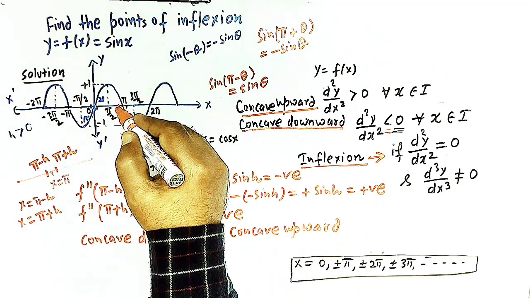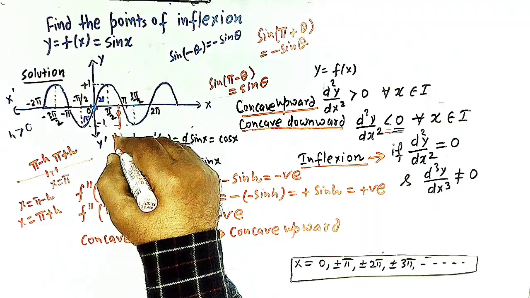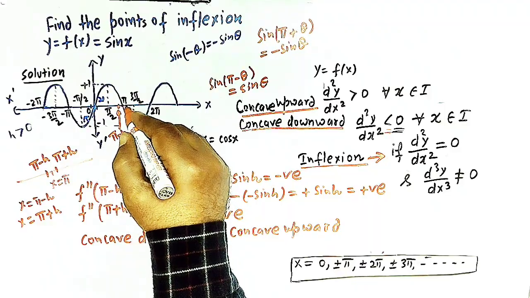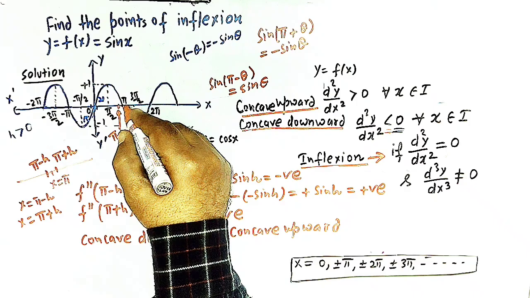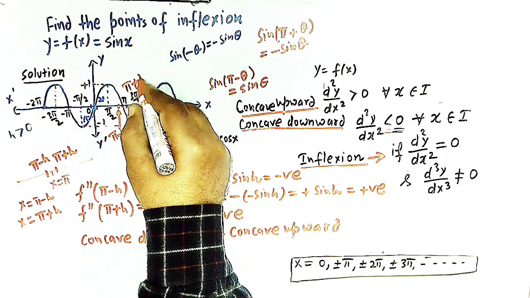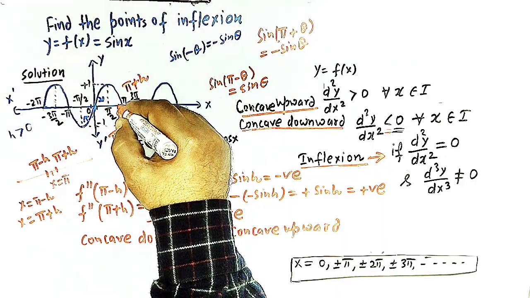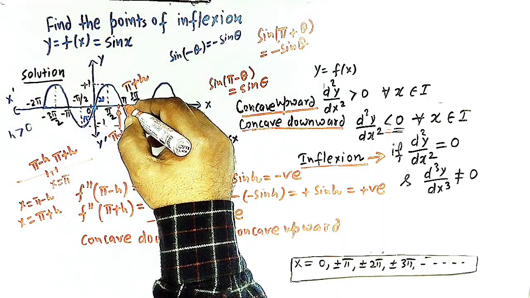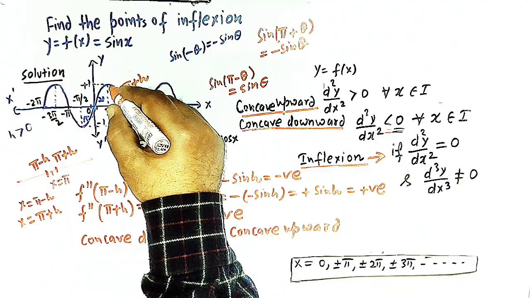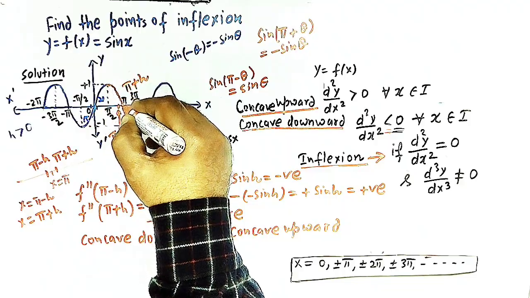So here we see that this point is pi minus h, and this point is pi plus h. So when we go from pi minus h to pi plus h, the shape of the curve goes like this, right?